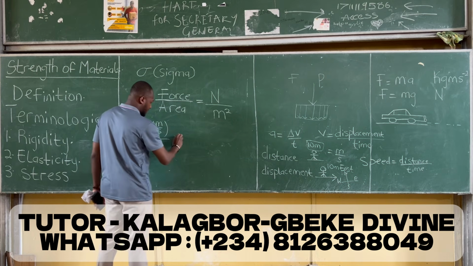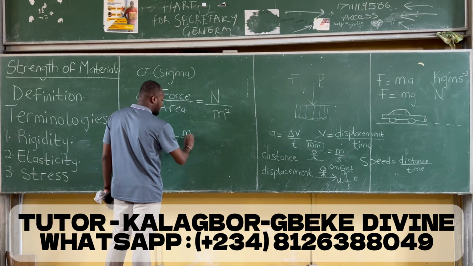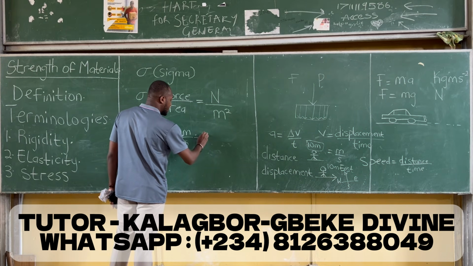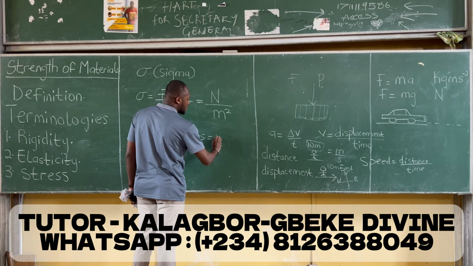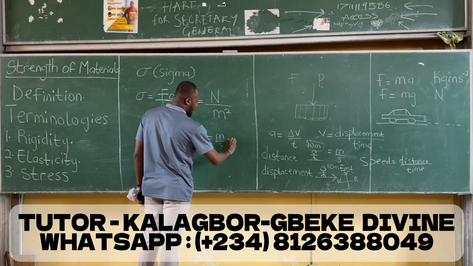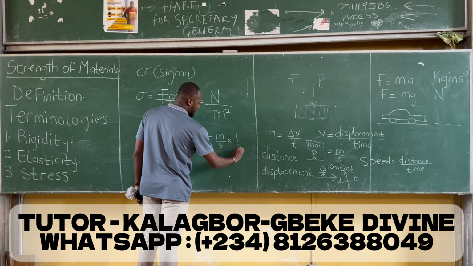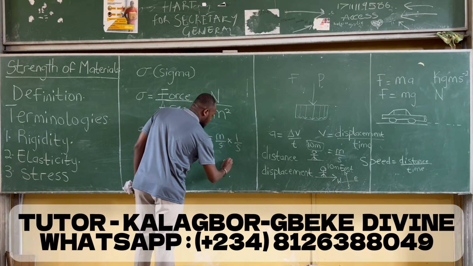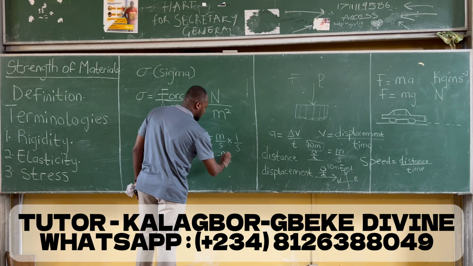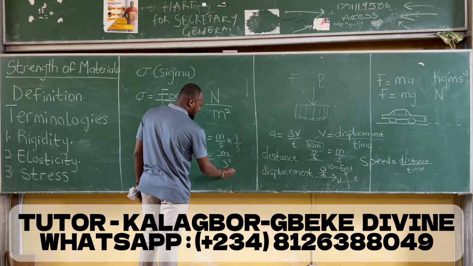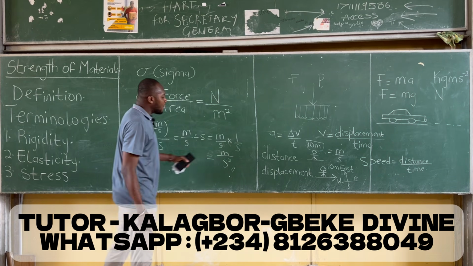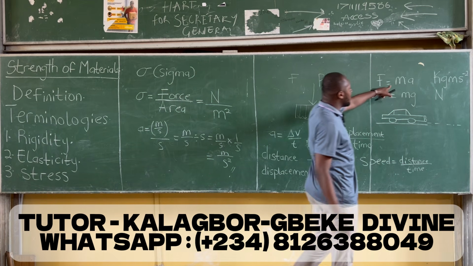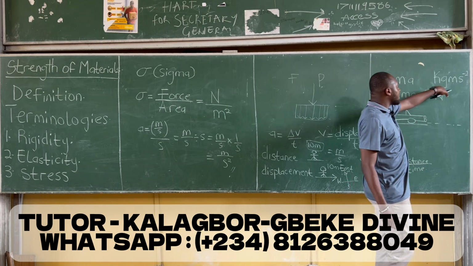So it will be meters per second divided by second, which gives meters per second times 1 over second. Seconds times seconds gives second squared, and meter times 1 gives meter. So this is acceleration, meters per second squared.